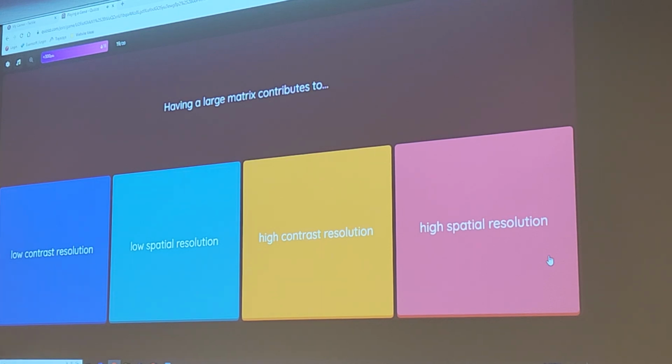So if we're looking at matrix, you can already eliminate contrast resolution. So you're only left with low and high. That's a 50-50 shot, which is pretty good, better than 25%. So the answer is high spatial resolution. We're looking at pixel matrix.